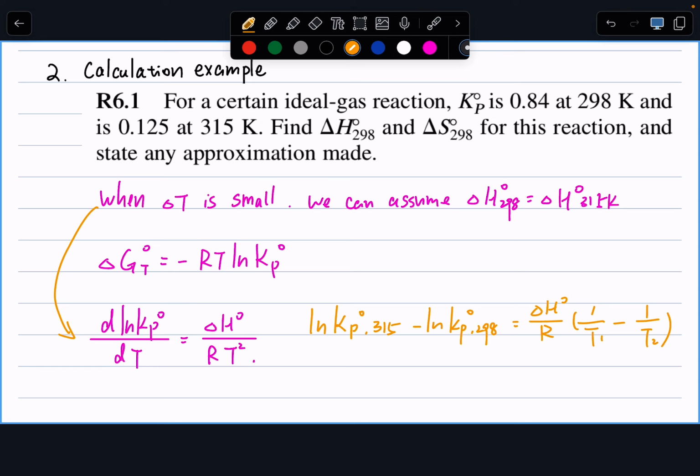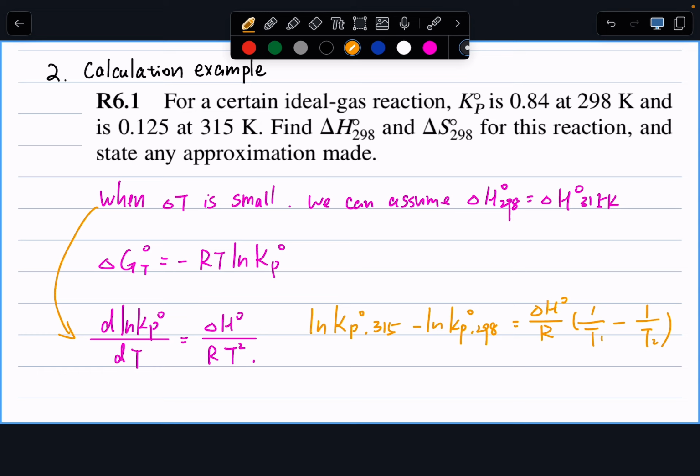We have our Van 't Hoff equation. So that's ln Kp naught at 315 minus ln Kp naught at 298 equals delta H naught over R times 1 over T1 minus 1 over T2. So what are these numbers?